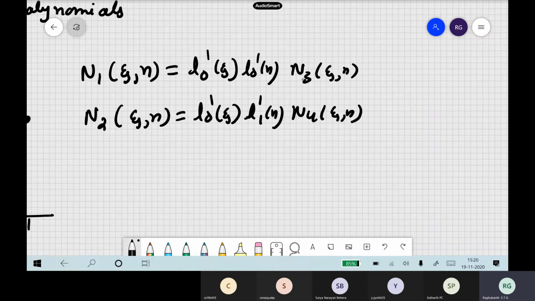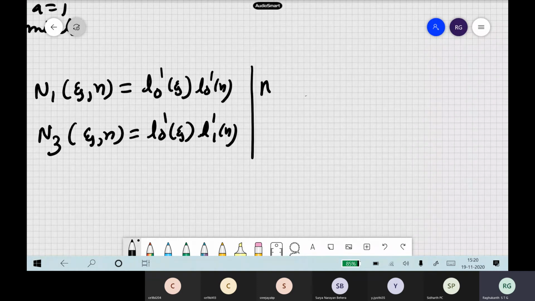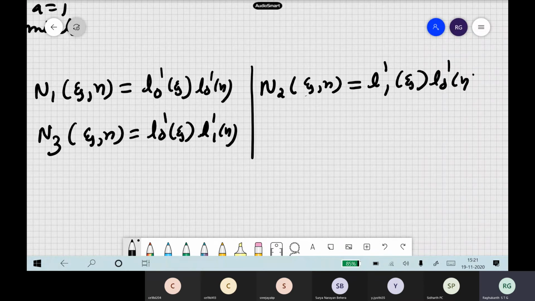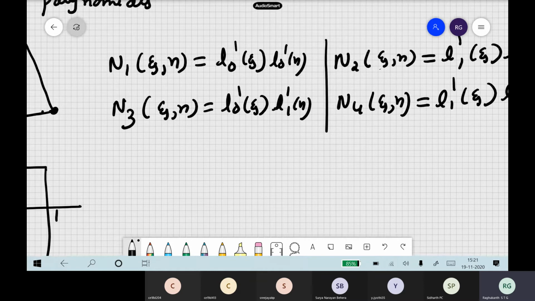So this is n2, and this is n3. Then n2 will be l11 of psi and l01 of eta, and n4 becomes l11 of psi and l11 of eta. So these are our shape functions for 2 dimensions with 4 nodes.